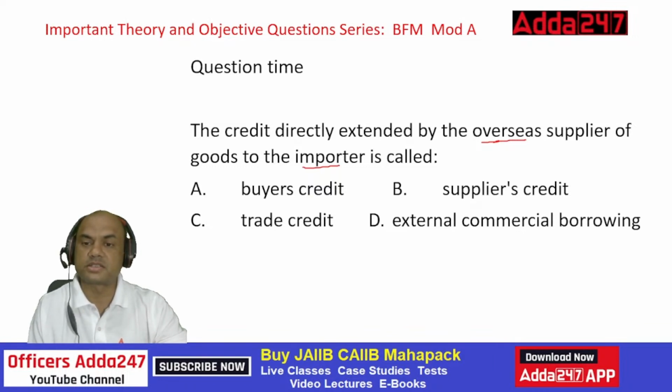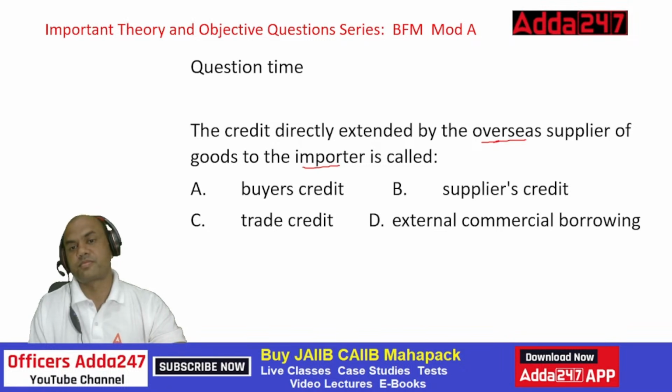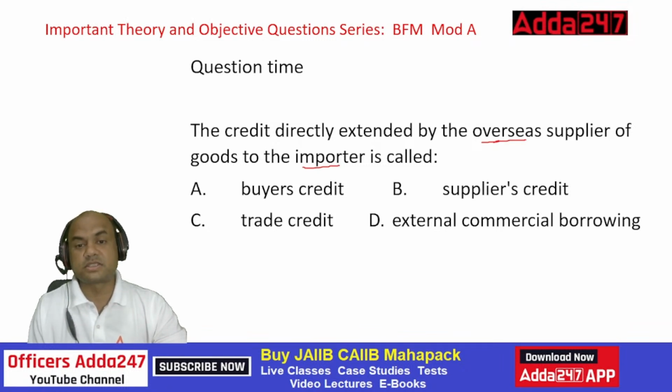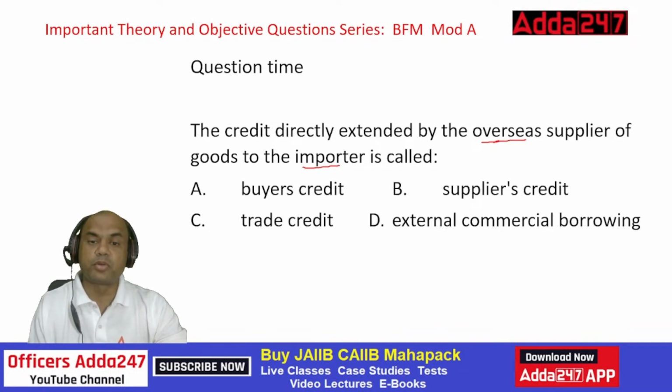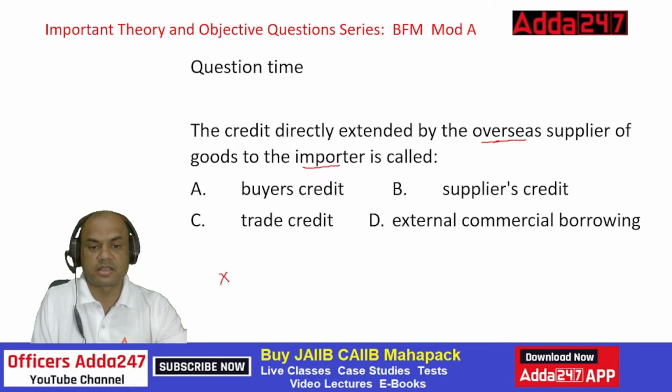So what is it called as? Extended by overseas supplier to the importer. Now this importer is from our country. Suppose this is Mr. X, the supplier from USA, and he is a seller. Supplier or seller, you can call it supplier.